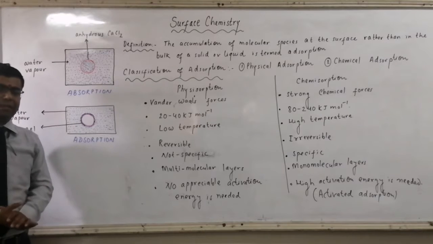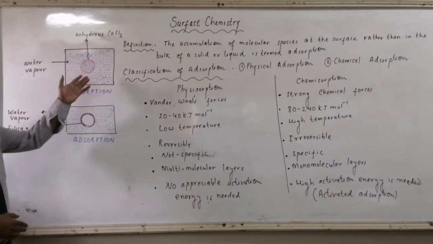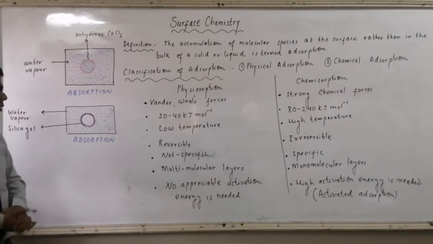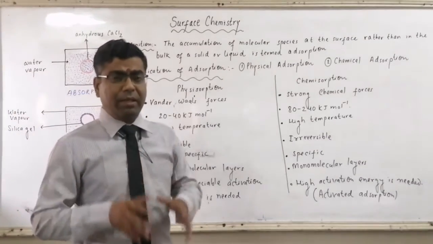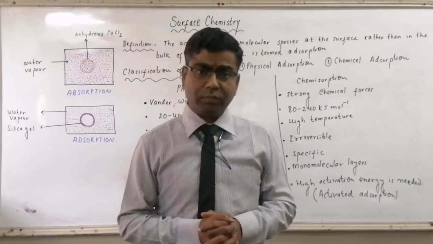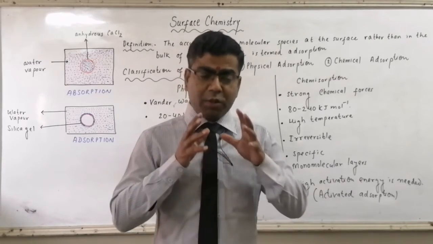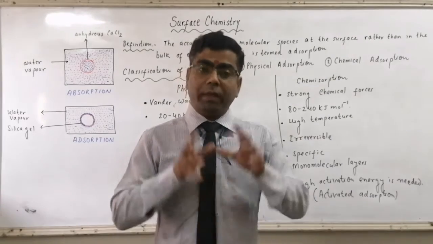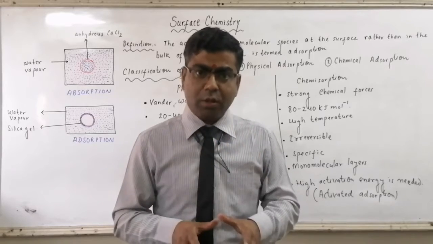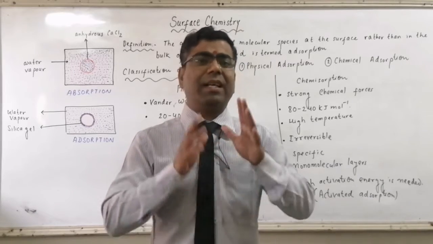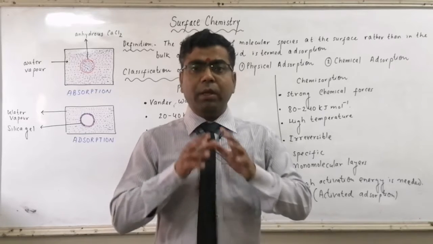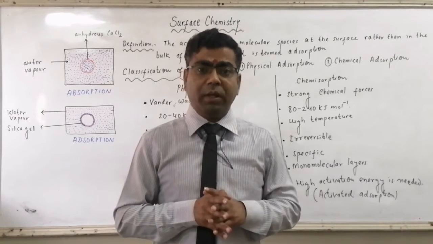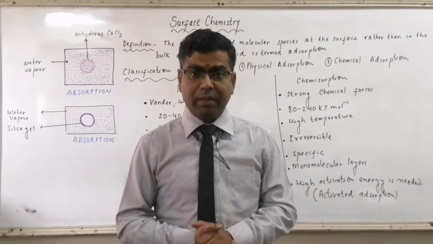Now, the next is change anhydrous CaCl2 by silica gel. If silica gel is placed in the same container containing water vapor, then in presence of silica gel, water vapor will accumulate over the surface of silica gel. There will be no distribution of water vapors inside the silica gel.